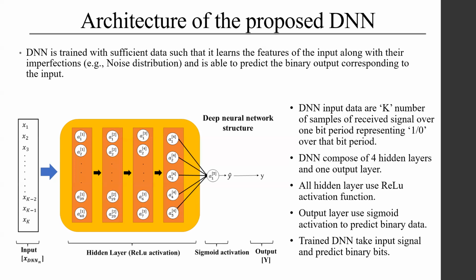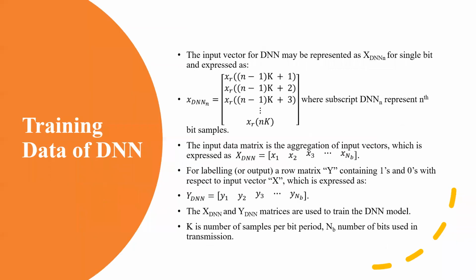This DNN is trained with a sufficient amount of data and maps the input to the desired output with the existing imperfections. So let's see how this is going to be trained. For every bit we have k number of samples and we concatenate them for nb number of bits.